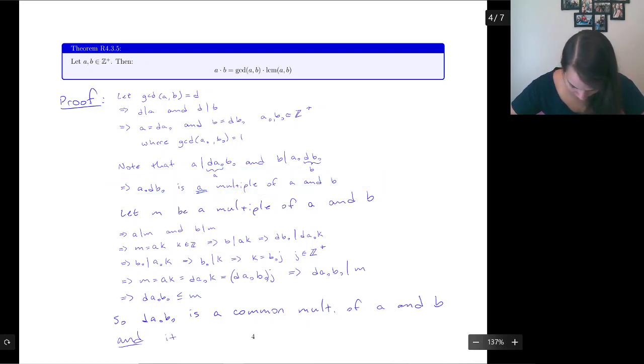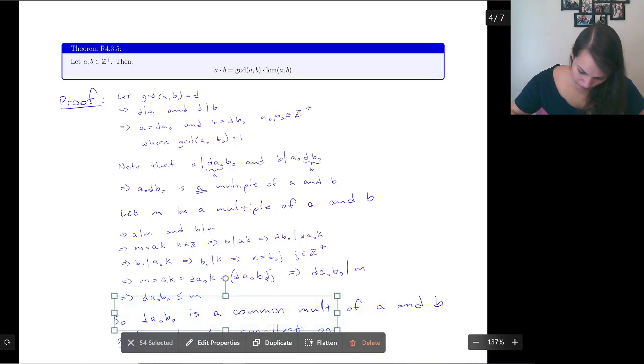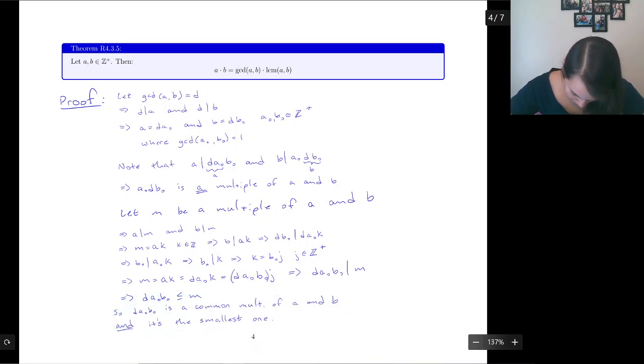And it's the smallest one. Okay, so that sounds like the LCM of AB is now equal to D A naught times B naught.